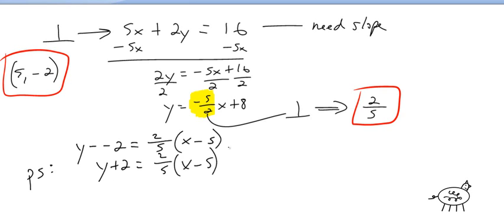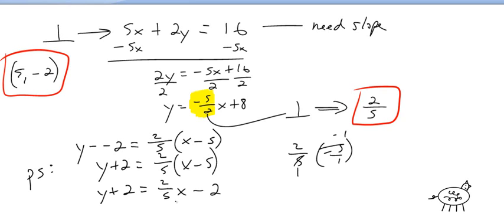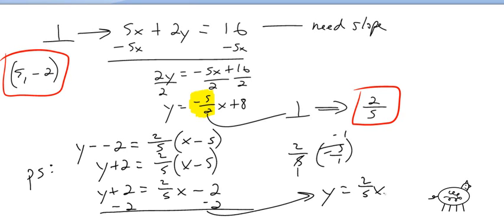Slope-intercept form, distribute. So y plus 2 equals 2/5 x. It's 2/5 times -5/1. That's a 1 and a -1, so we get -2. And we subtract 2 from both sides, and we get over here y equals 2/5 x minus 4.